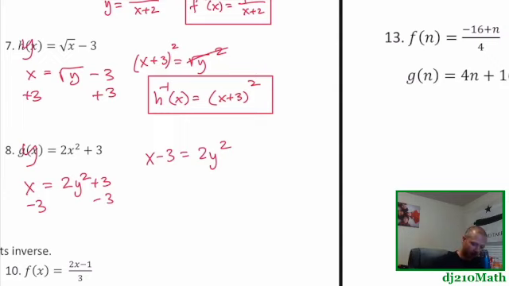All right, so let's just say you square root both sides first. So then this is going to be plus or minus square root of x minus 3 equals square root of 2y.